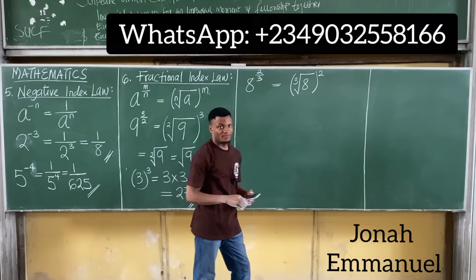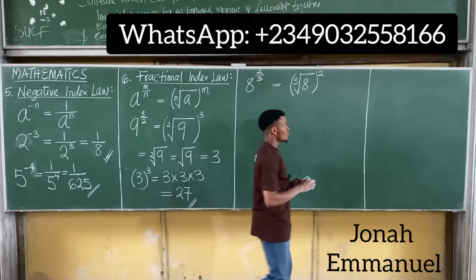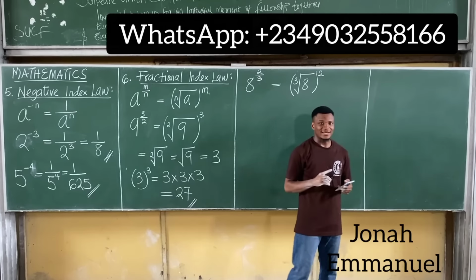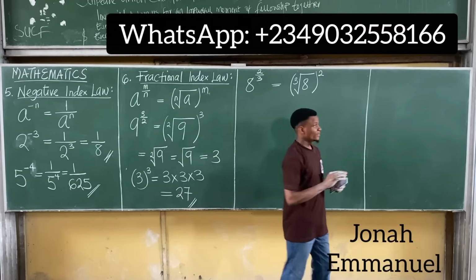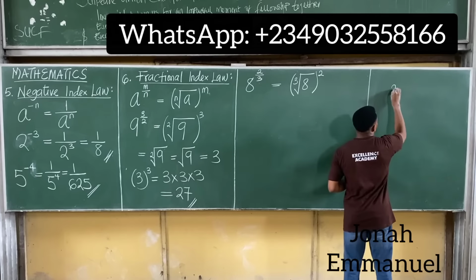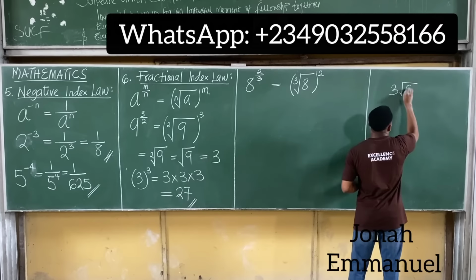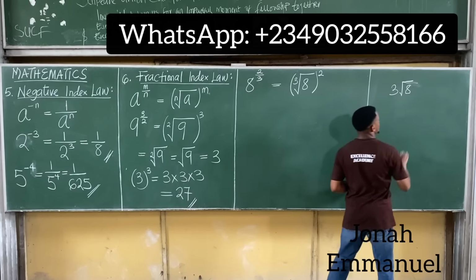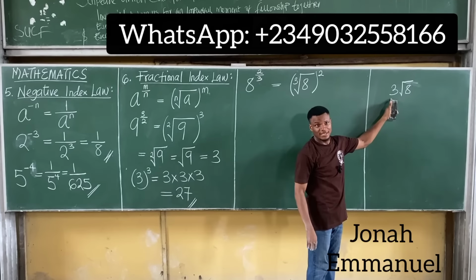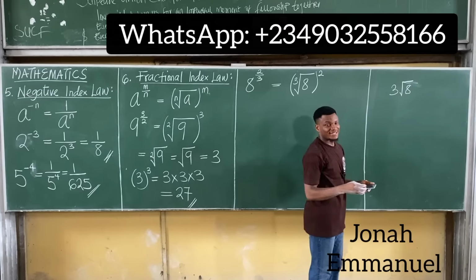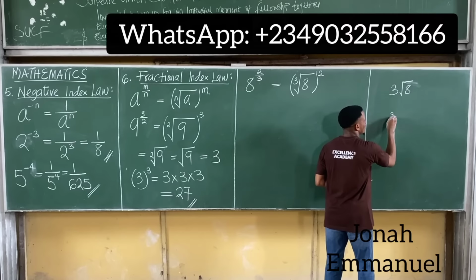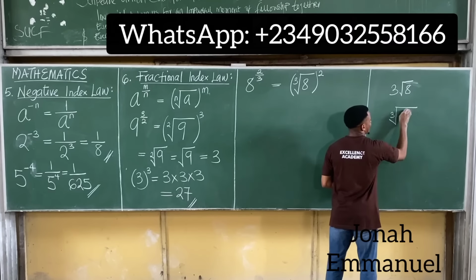Now, by the way, let me stress something. Note that the third root of 8 is not the same thing as 3 root 8. Observe the way I'm writing this. What I have here is 3 root 8, where the 3 is big and it's outside the root sign. But the third root of 8 is written as a small 3 under this sign and then 8.